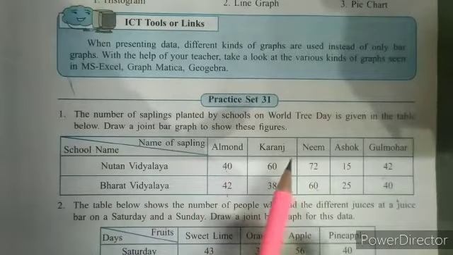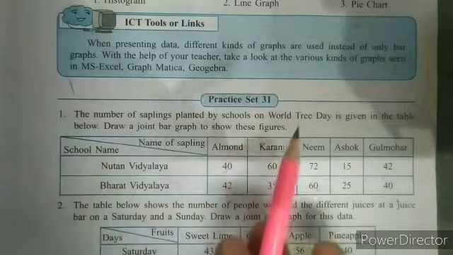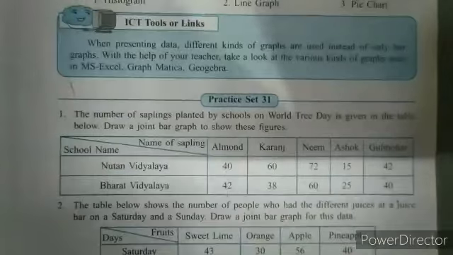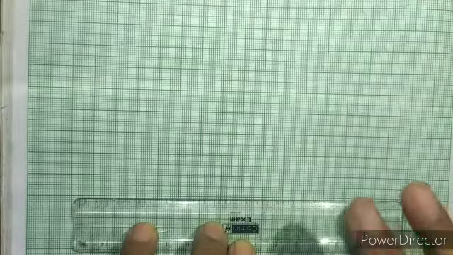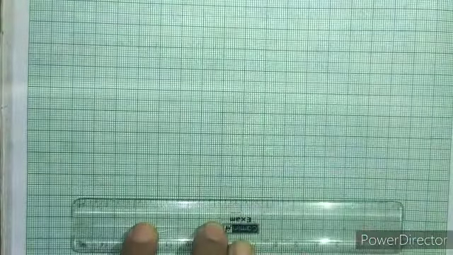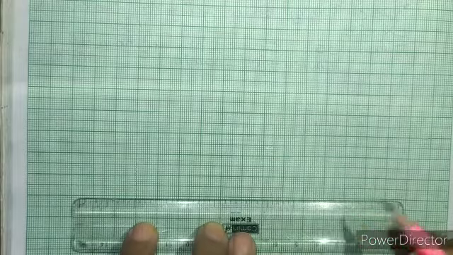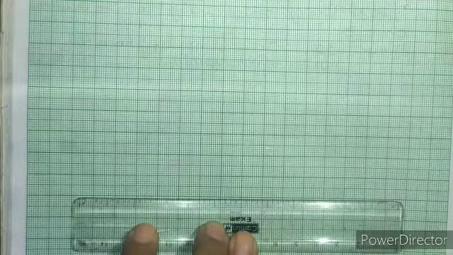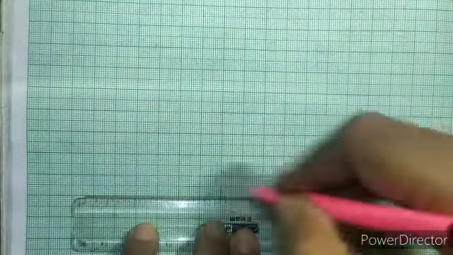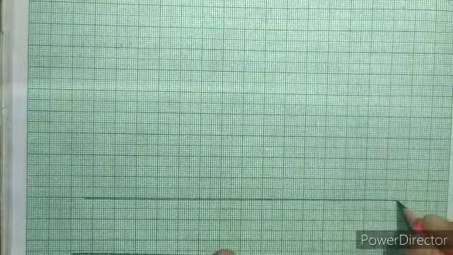For this you need the graph book. The first step is to take a graph paper and draw the x-axis horizontally. So we will draw the x-axis horizontally using the ruler and pencil. This is our x-axis.